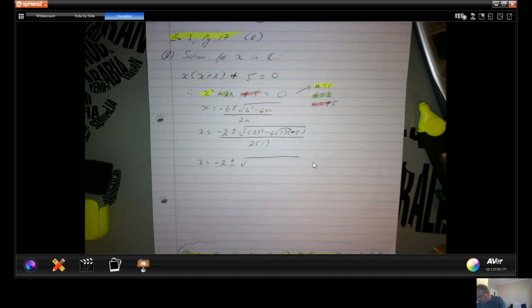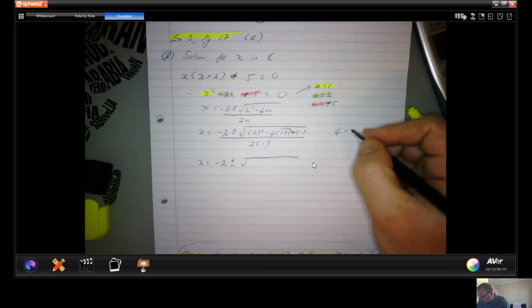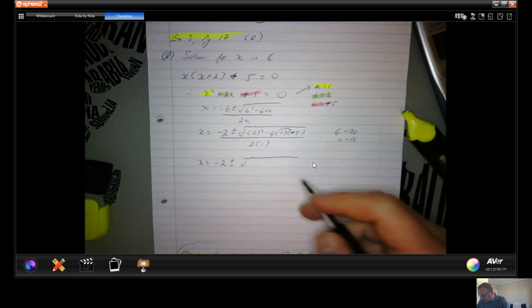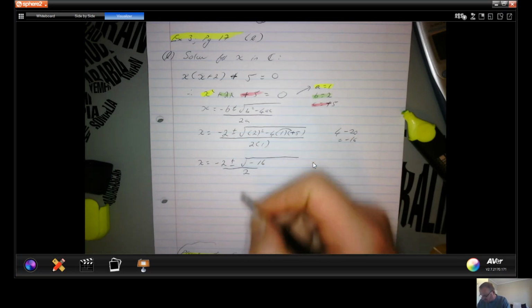And here you're going to get 4 minus 20, which is minus 16. So you get minus 2 plus minus root 16 over 2.